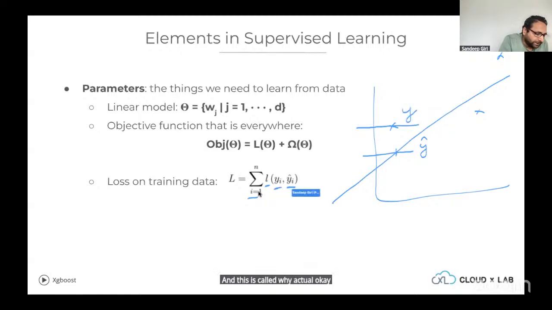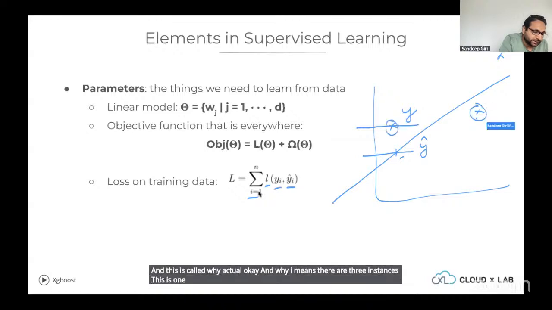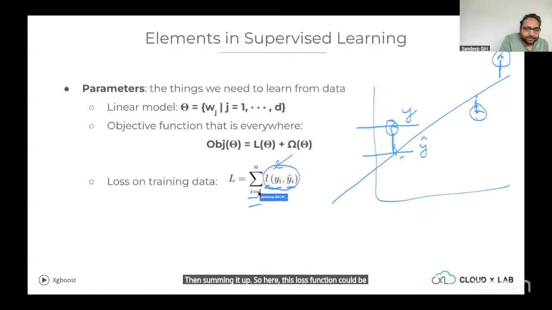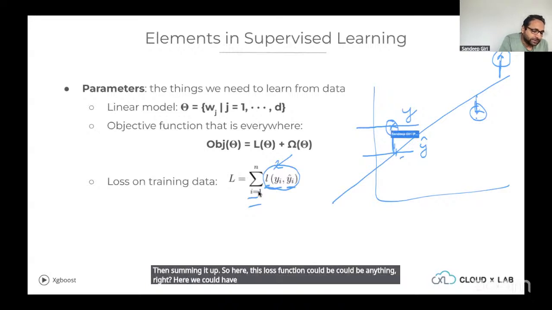And yi means there are three instances. This is one instance, this is the second, this is the third. We are computing this error, this error, and this error, and then summing it up. So the loss function could be anything. Here we could have this minus this, whole squared.